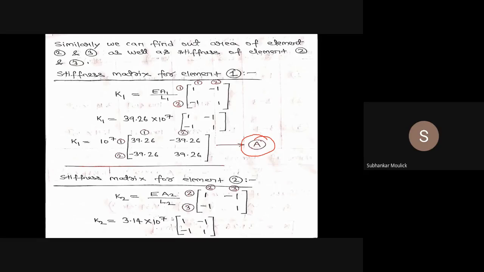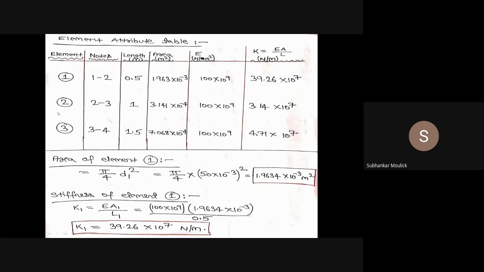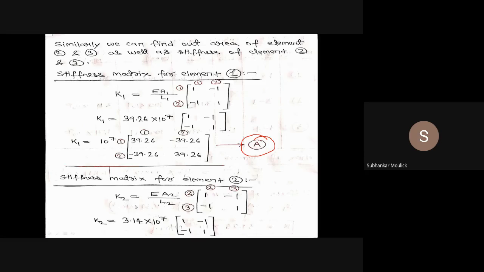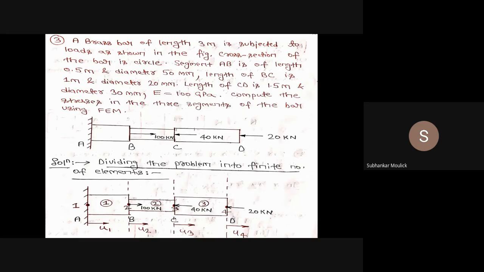Clear, sir. Okay. Similarly, for element number 2 and element number 3, again we have to find out the element stiffness matrix. For element number 2, the stiffness matrix K2 is equal to E into A, which A? A2, the area of the second element, divided by L, which L? The length of the second element, L2. Again, you have to decide the order of the stiffness matrix. The order will be equal to the number of nodes present in the element.